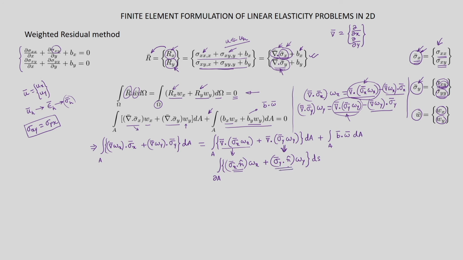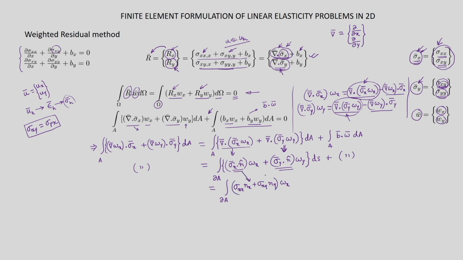Alright. Now the rest of the terms will remain as they are, so we are not touching these two terms. So this term, if I expand, sigma x bar contains sigma xx, sigma xy, dot n. The first term gives sigma xx nx plus sigma xy ny, into wx.